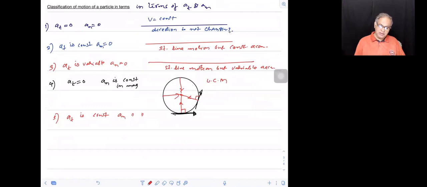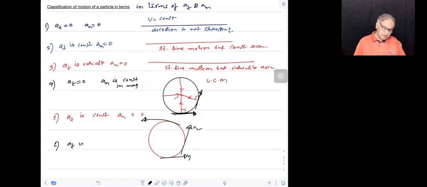Like, I can only show it this way. You draw the circle. Now the way I can show it is what I already have shown you. V1, V2, V3, but this should be a constant variation I should have. This is that.